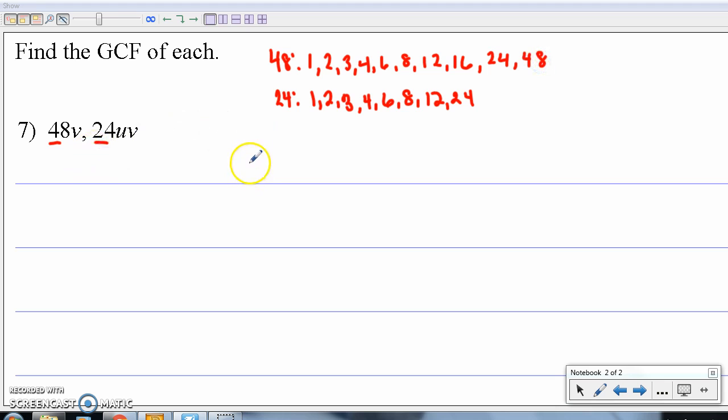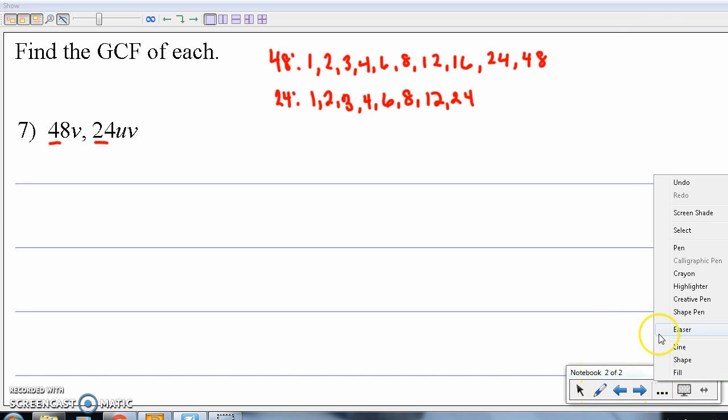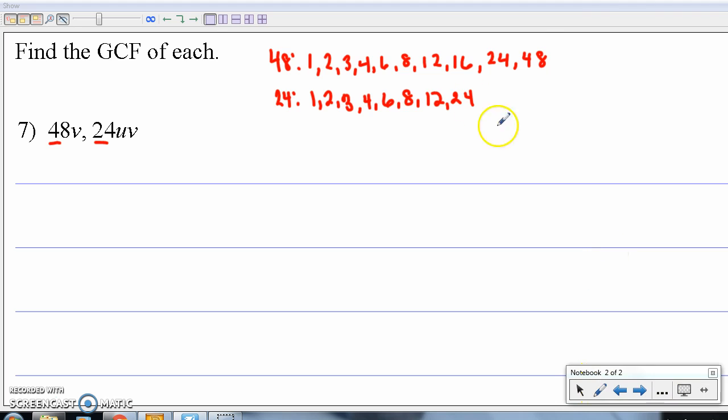I have 1, 2, 3, 4, 6, 8, 12, 16, 24, 48 for 48. And I have 1, 2, 3, 4, 6, 8, 12, and 24 for 24. So you'll notice the biggest number in each of those lists this time is this 24 here. Okay, so my GCF for my coefficients is 24.